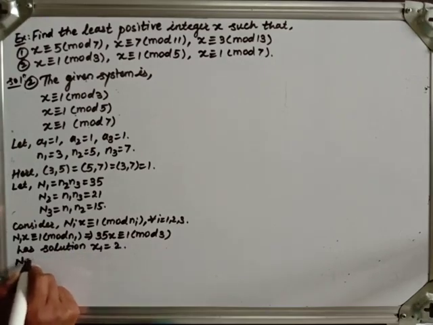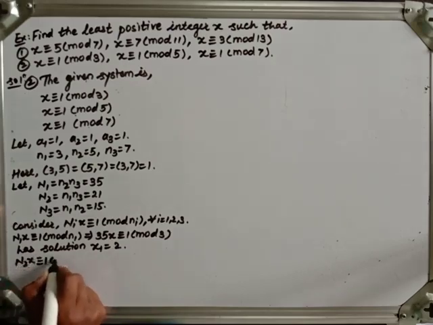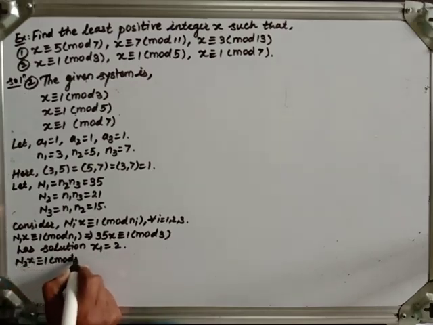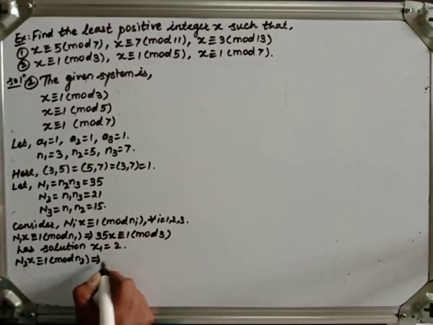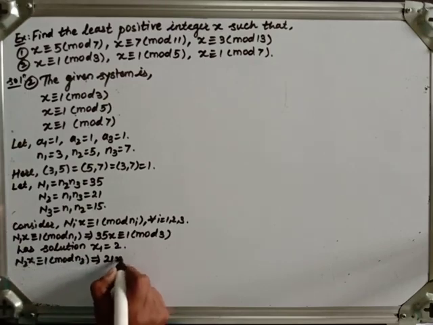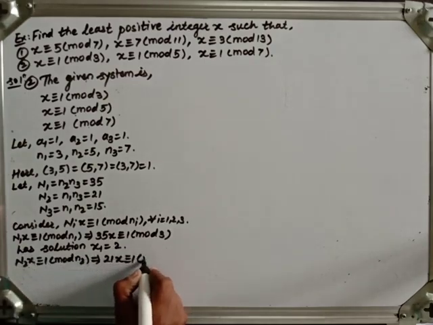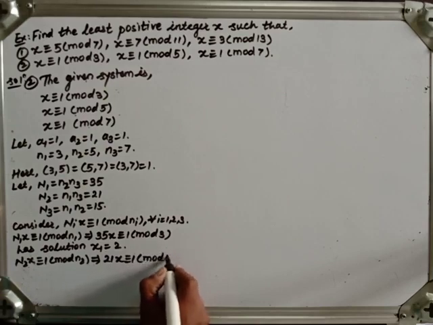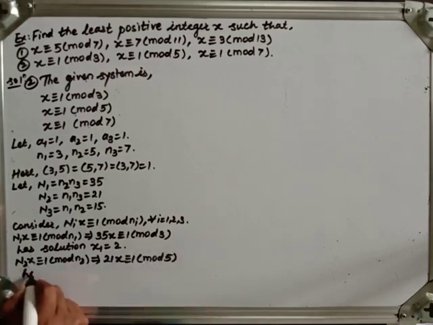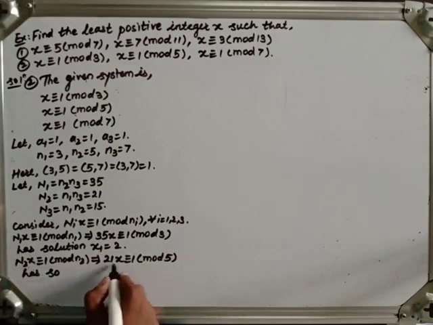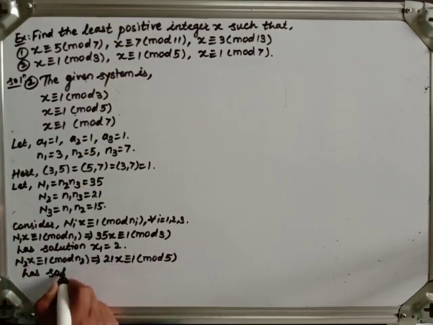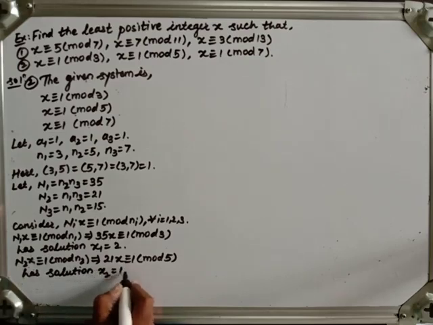Again, N2 x congruent to 1 modulo n2 gives 21x congruent to 1 modulo 5. Has solution x2 equal to 1.